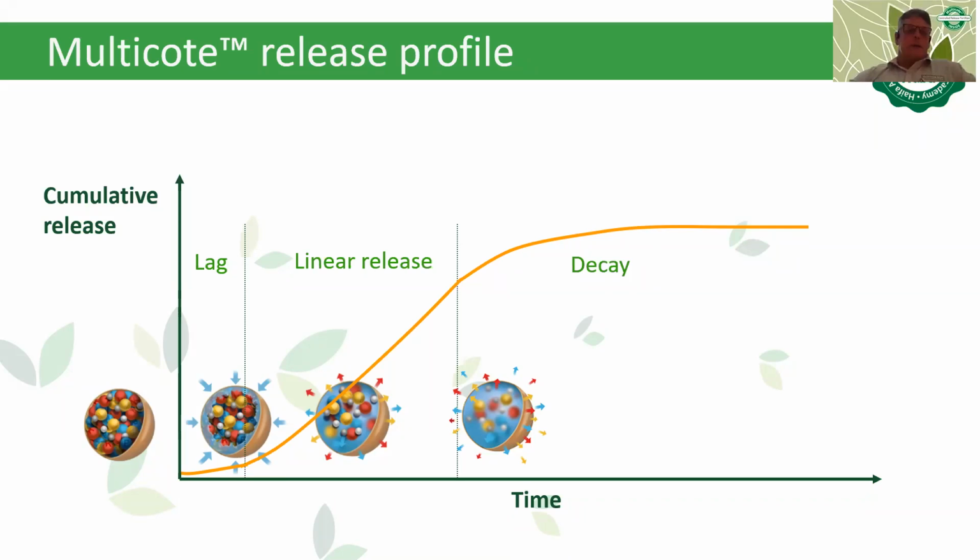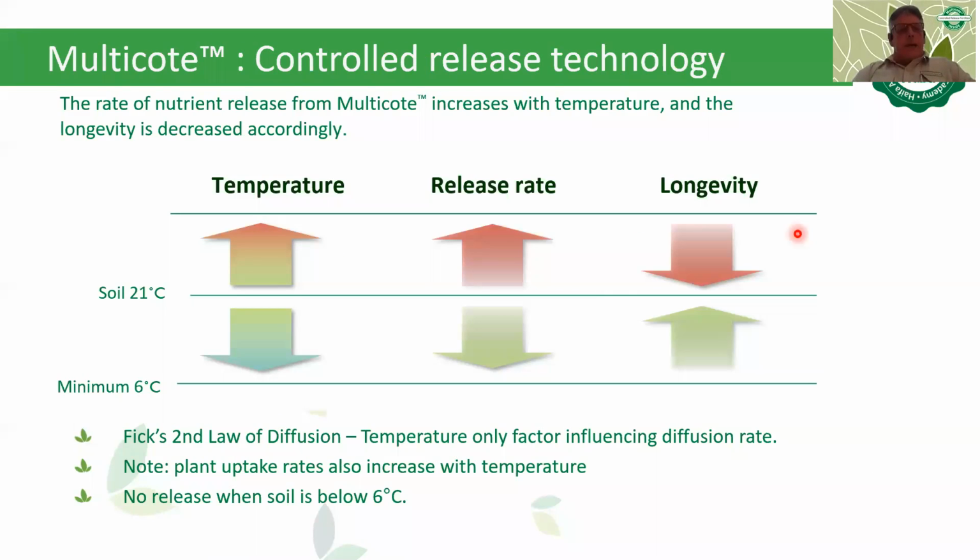All right, so basically we calibrate our products at 21 degrees. So we say that it will last 3 months or 4 months or 5 months, whatever, at 21 degrees. Temperature is the only factor other than the salt concentration, and that's according to Fick's second law of diffusion. Temperature is the only factor that can increase or decrease the rate of diffusion.